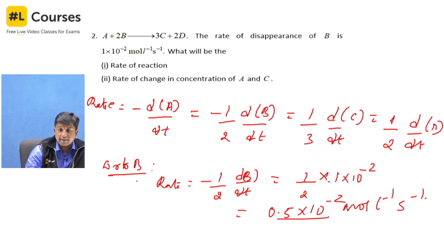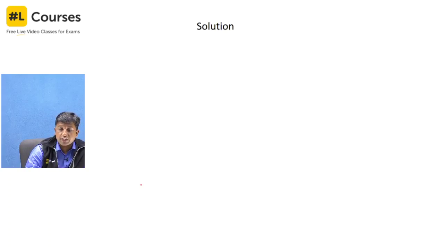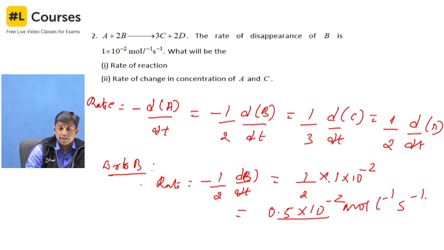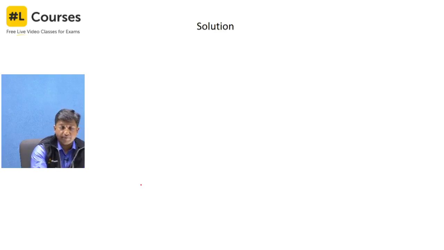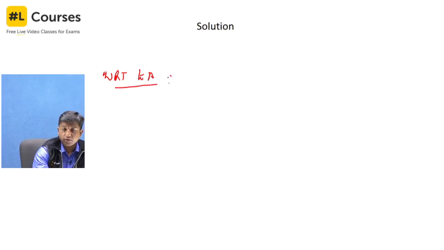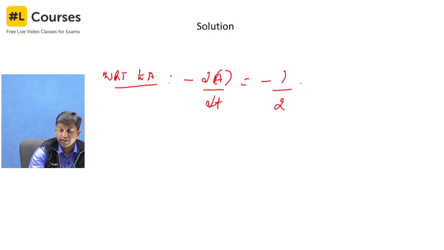Now, we need to calculate the rate of change in concentration of A and C. You can see that with respect to A, I can write it as the disappearance of A, that is -dA/dt, will be equal to the disappearance of B, that is -1/2 into dB/dt, which will be equal to, we know that with respect to disappearance of B, we have calculated.